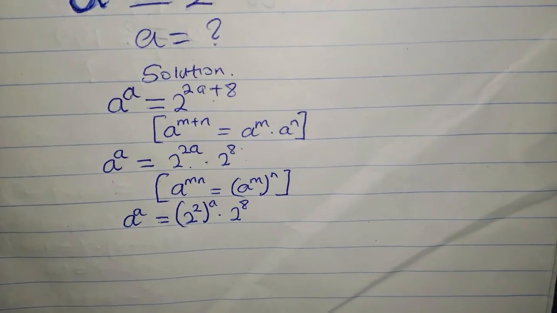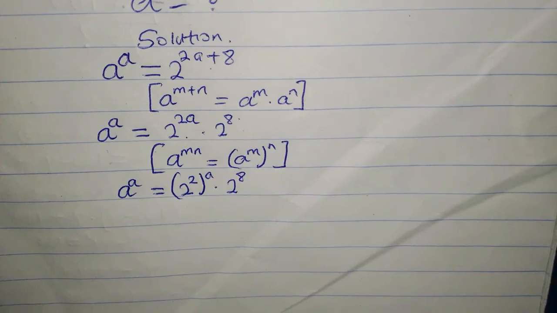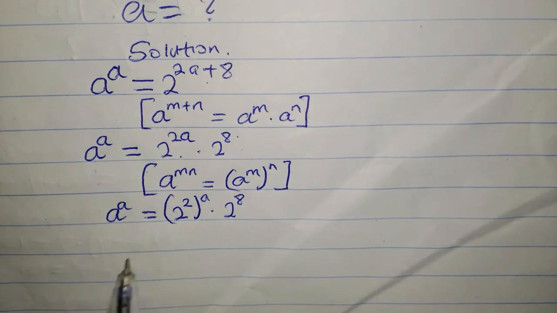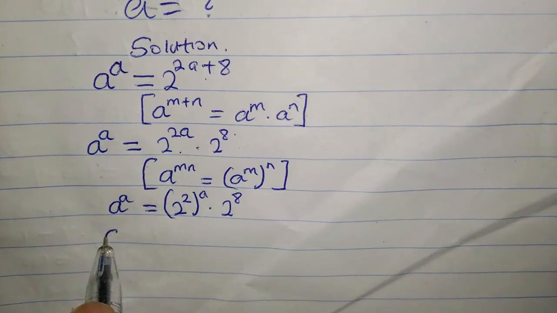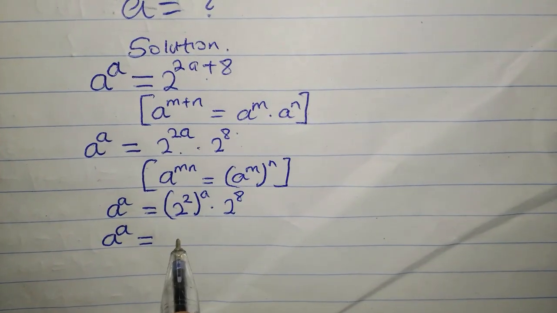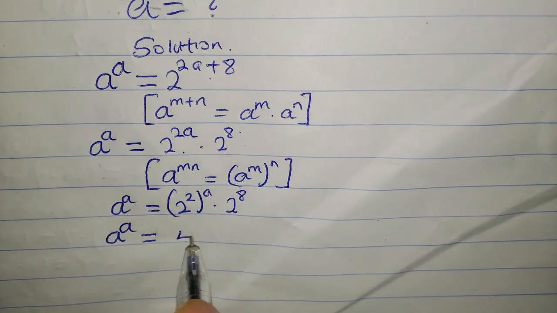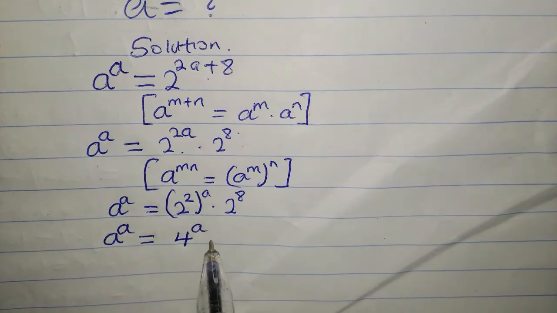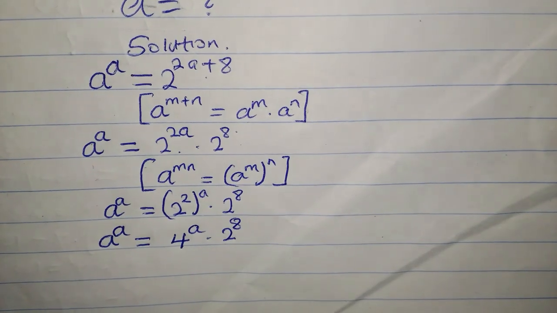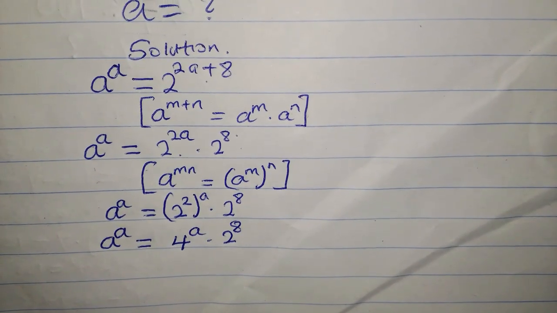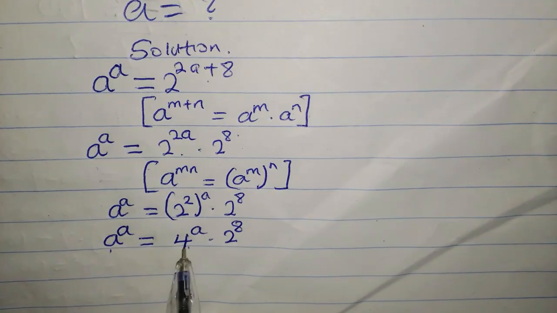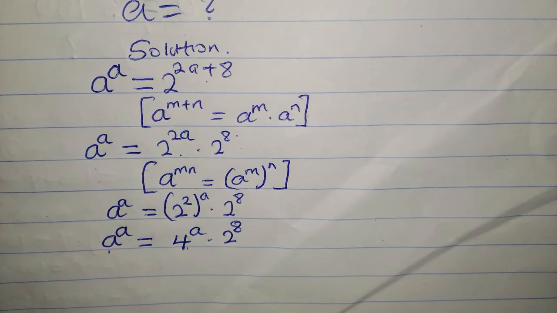So we now have a to the power of a equals 2 to the power of 2, which is 4, so we have 4 to the power of a times 2 to the power of 8. The next thing we are going to do is bring this to the other side, so we divide by 4 to the power of a.